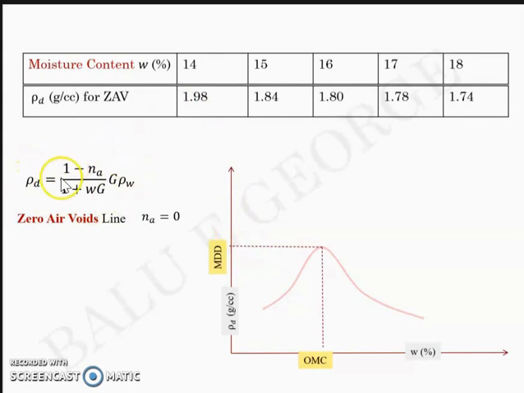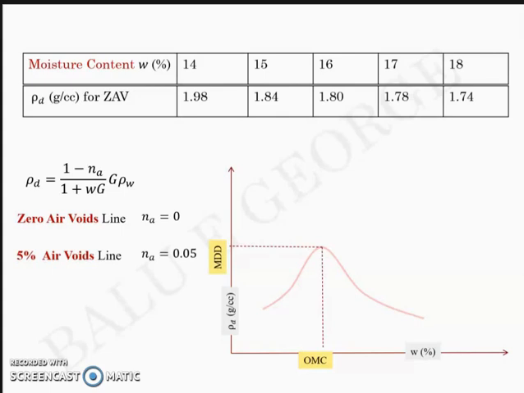Based on this equation, once you substitute Na equal to 0, you will get a set of values corresponding to the water content, right? So this line, the points represent the zero air voids line. Now the third part of the question is to draw the plot for the 5% air voids line, right? Which means you have Na equal to 5% or 0.05.